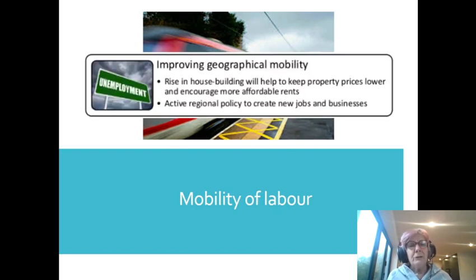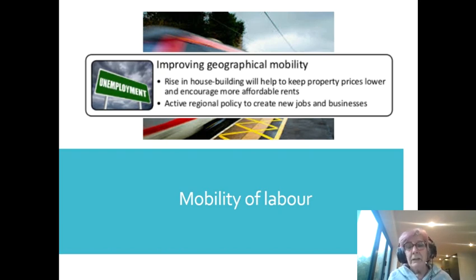And it also means ensuring that people can actually move around the country on a more permanent basis. So improving the geographical mobility. So having enough houses at affordable price so that people can move from one area to another.